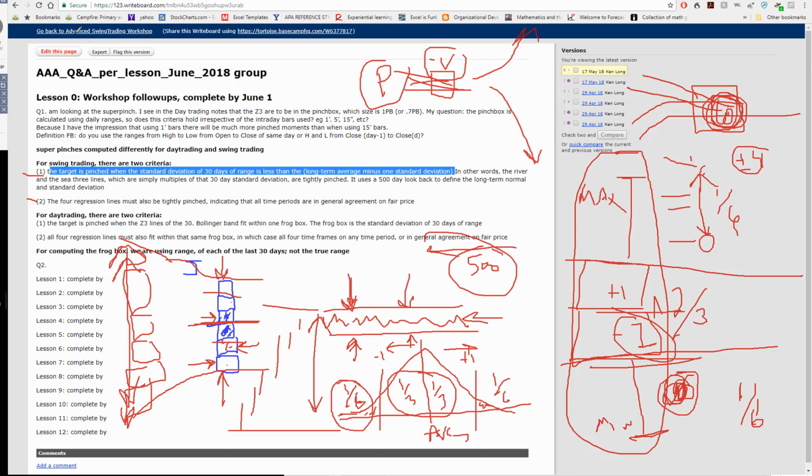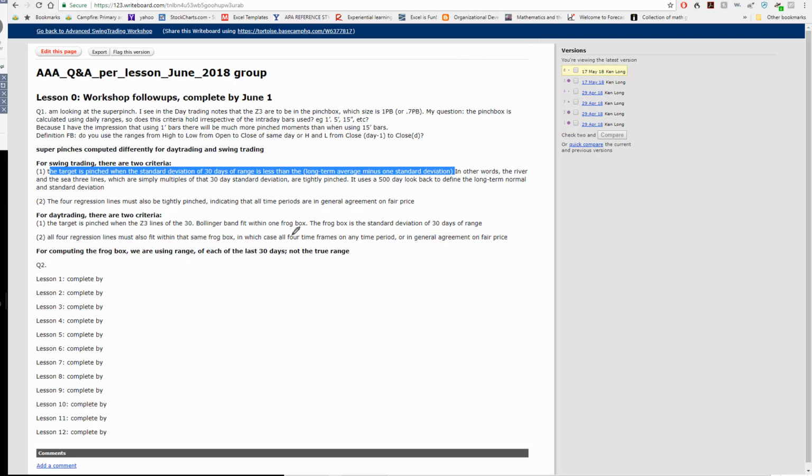Let me erase that junk now. Now, the idea of the super pinch itself began with the day trading, and so it uses our intraday measures of descriptive statistics, so it's a little different than swing trading. All right, so the main difference between those daily charts and the intraday charts is the gap.